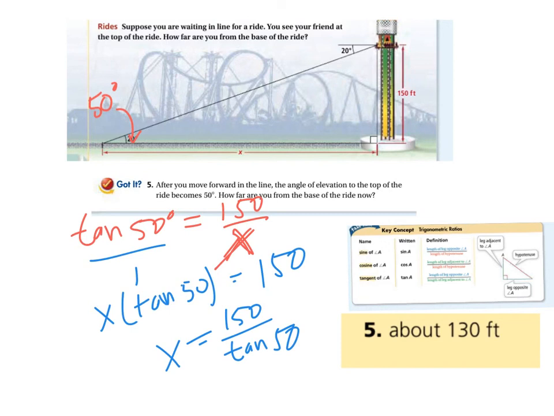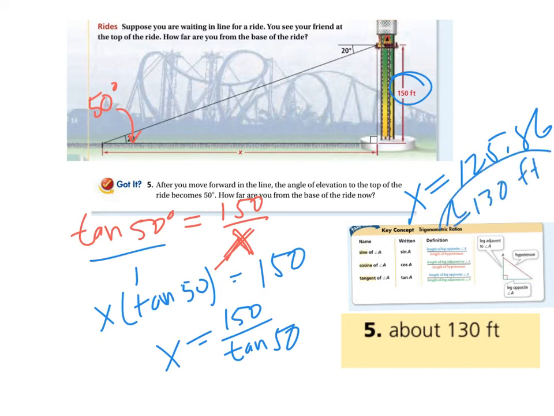So let me say it again. 150, division, tangent, 50, end parentheses, and equals. And you get x is, let's see, 125.86. But again, we said we're using tens, so it's about 130 feet. So approximately 130 feet is what we're looking at there.